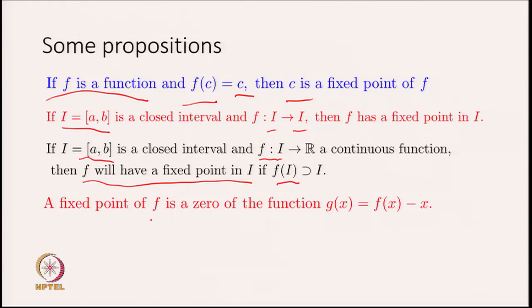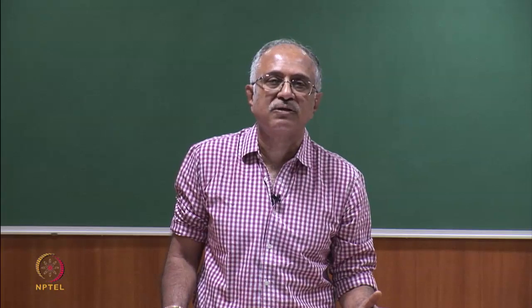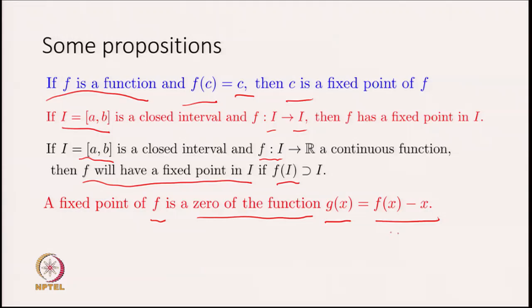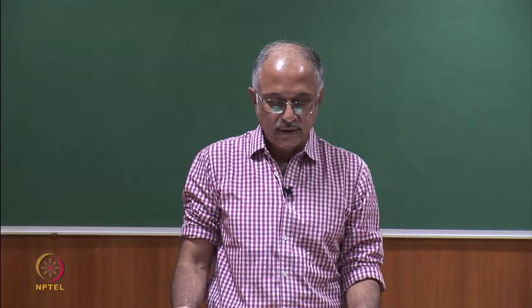A fixed point of f is a 0 of the function g of x is f x minus x. So, every time you would like to find a fixed point of f, we write this equation for g of x and set it equal to 0, and any root of that equation will give you a fixed point of f.